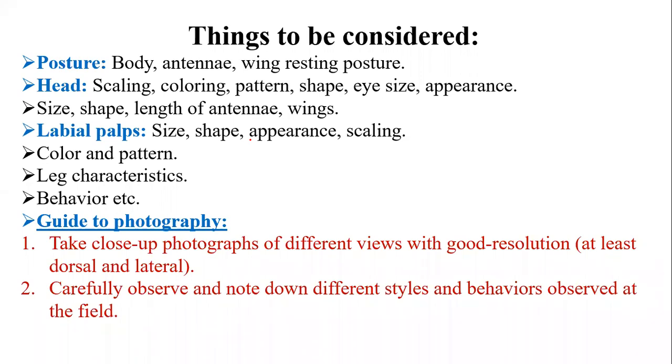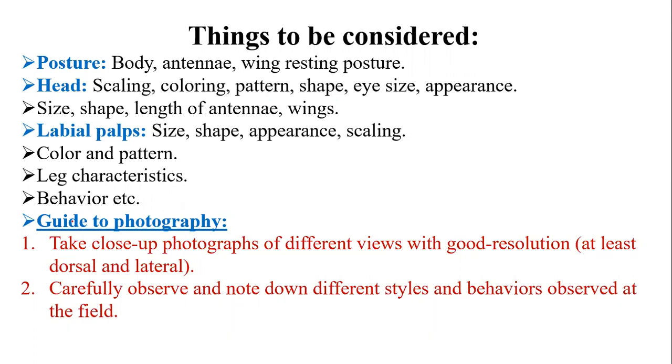However, following these things, we can at least get an idea about the superfamily or family level identification of Microlepidoptera, and those are posture, head, labial palps, etc. You are seeing them here, and I will discuss more about these things in my next slides.